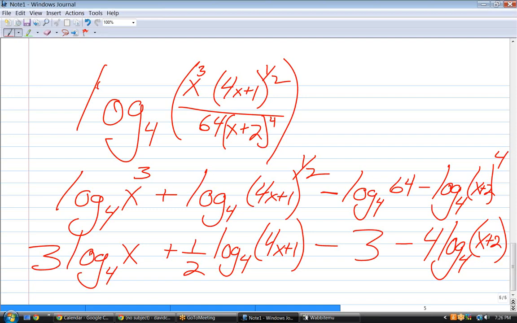Now, in terms of the signs, I could have done this by putting a parentheses there and a plus there.